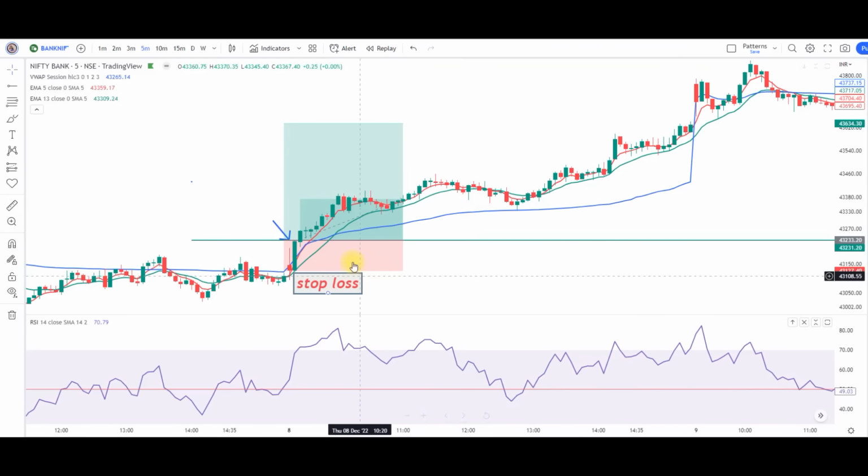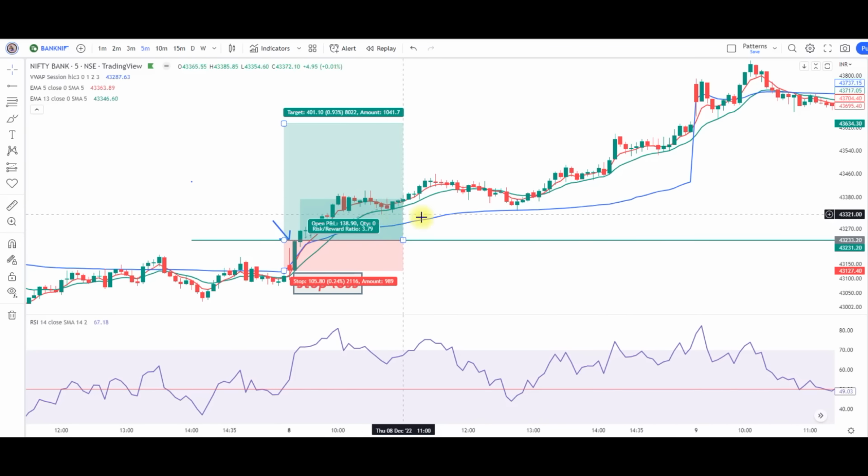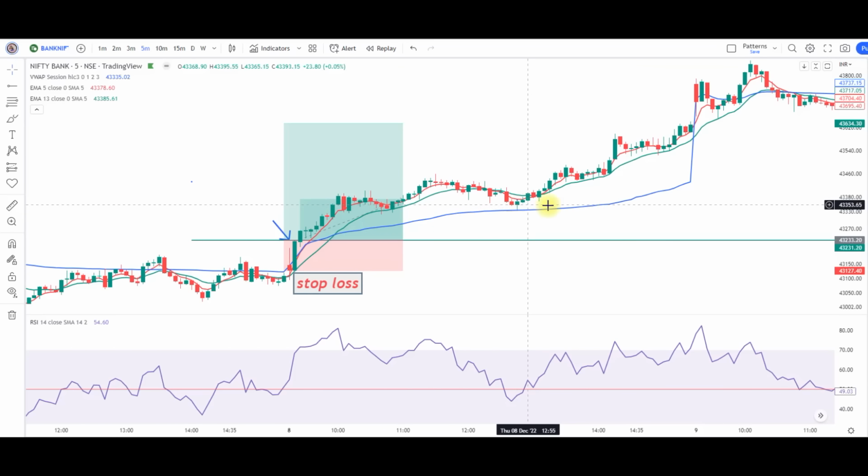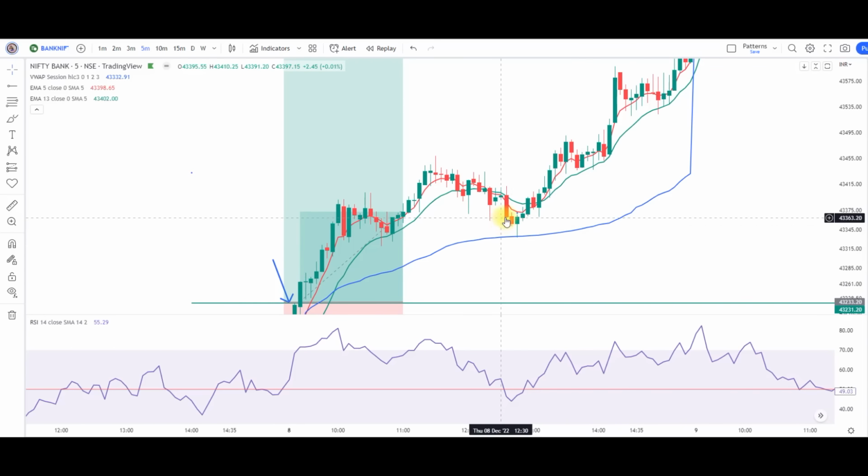Once we booked our first trade here, Bank Nifty gave a pullback from the VWAP. You can see here this hammer candle, and after that 5 and 13 EMA also gave a crossover, and RSI also above 50. So we got a second trade here. Our entry candle is this.